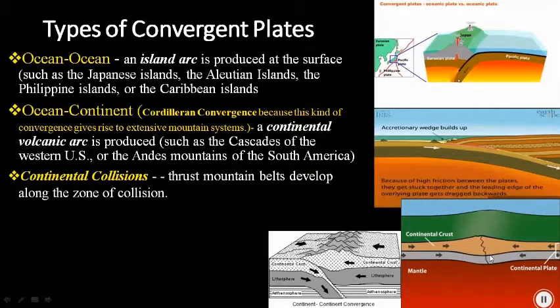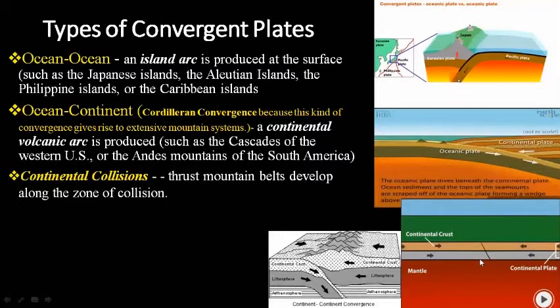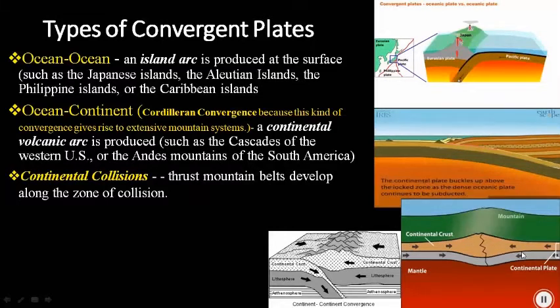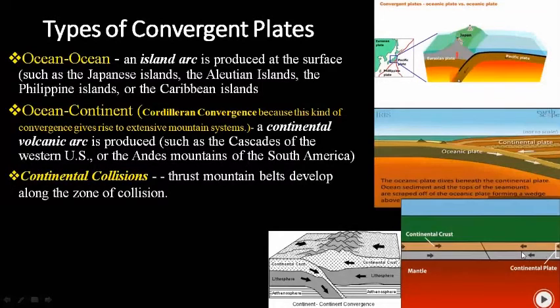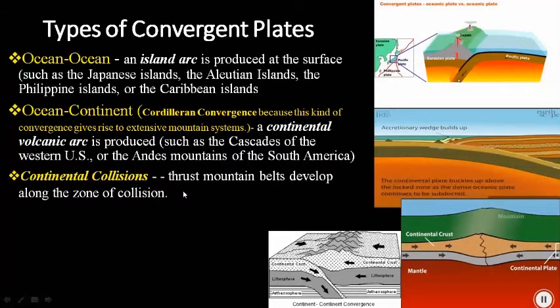And the two plates, when they don't go down, what is happening? See what is happening over here. They are buckling up. In this video you are seeing they are buckling up, they are getting folded. This is folding, and because of too much folding, over here you see a crack has developed. So faulting is also occurring.